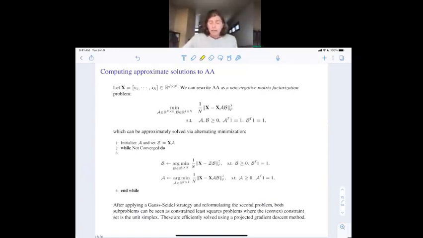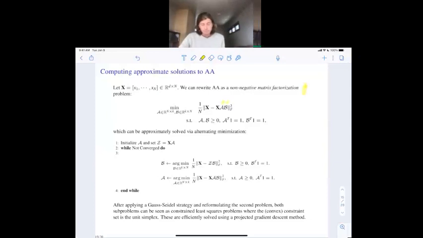I mentioned that you can rewrite the archetypal analysis problem as a non-negative matrix factorization problem. This is the algebraic formulation of this, as I presented earlier. And the way this works is I just alternately solve for the matrices A and B.